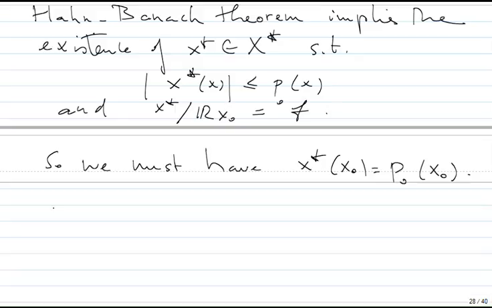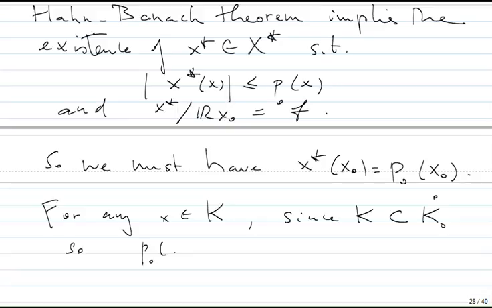For any x in K, the ball centered at x with radius r/2 will be in K0 by definition of K0, so K is inside the interior, so P0 of x will be less than 1, and so the absolute value of x star of x is less than 1. Moreover, by the triangle inequality, and that's why we divide by r/2.